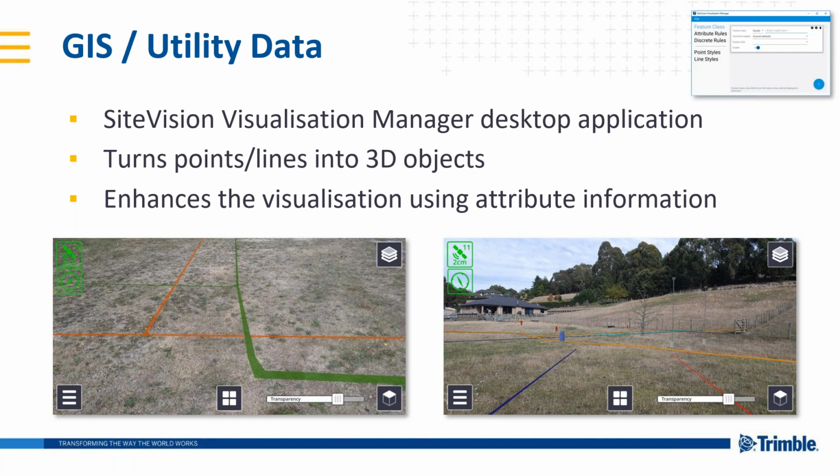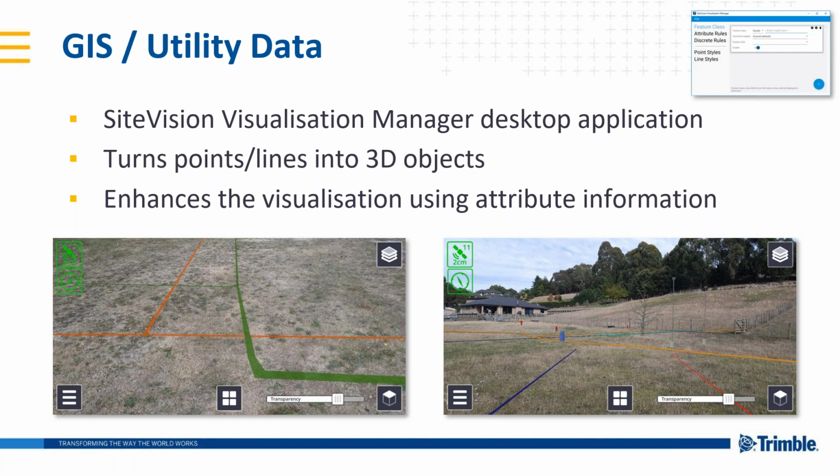If we think about utility data for a second, the data actually exists just as points and lines. If you bring that data into SiteVision, then by default, what you'll see are the lines on the shot on the left-hand side there.